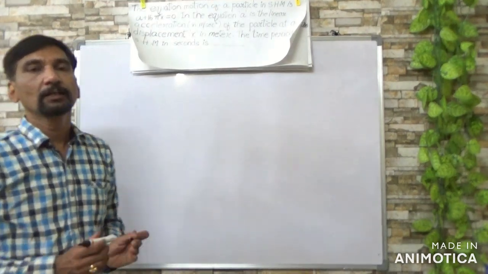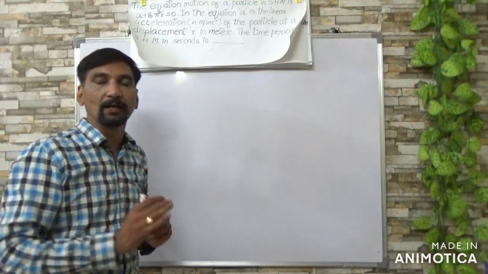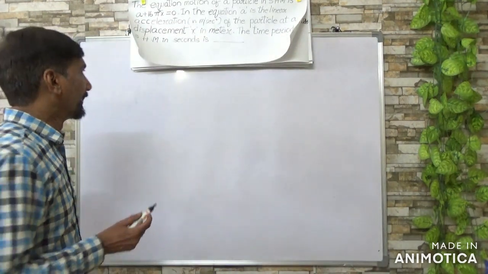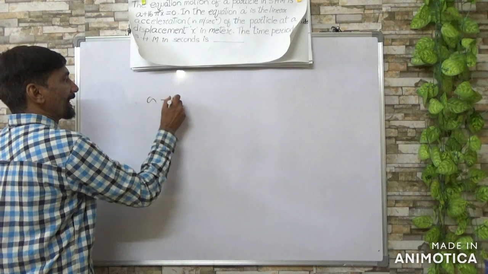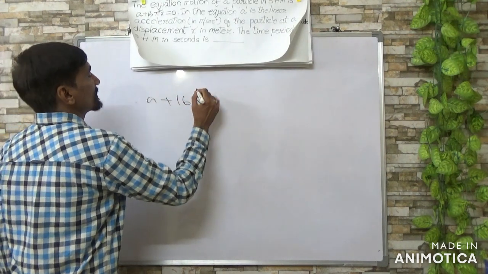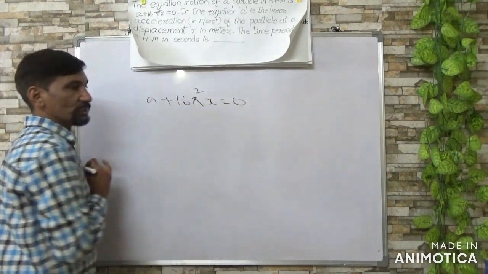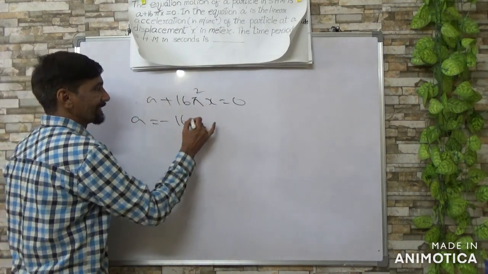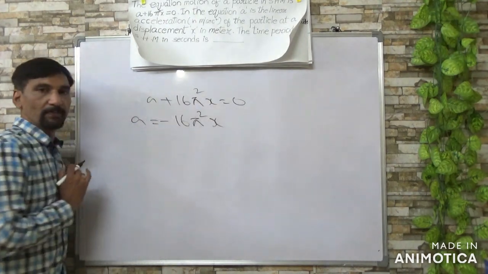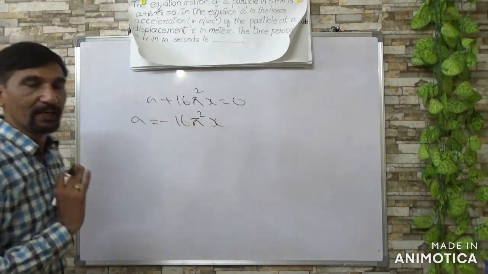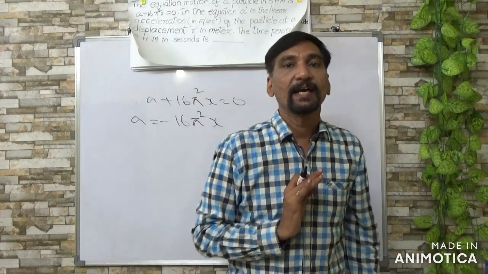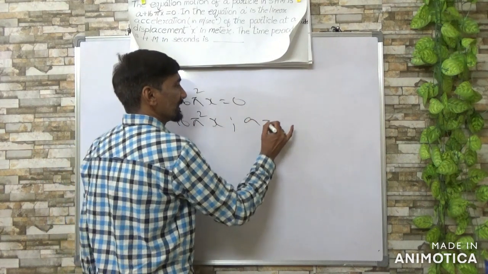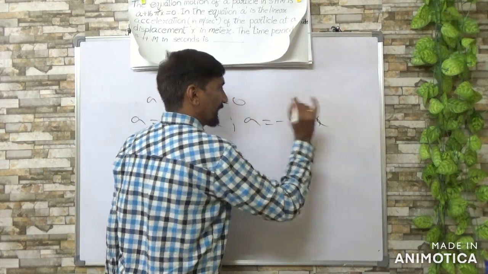Now about the next problem. There is one particle executing SHM, and its acceleration is given. That is acceleration plus 16 pi square x equal to 0. Take this to the other side. It is minus 16 pi square x now. So whenever a body executes SHM, its acceleration is equal to minus omega square x.